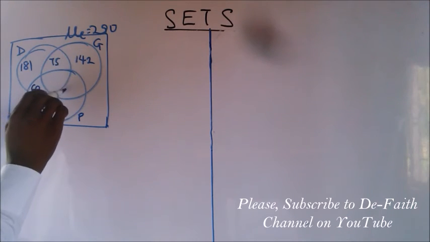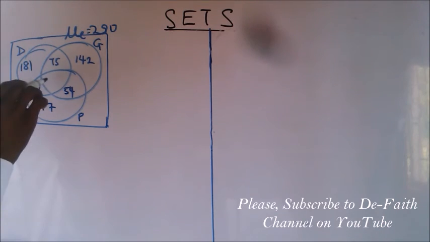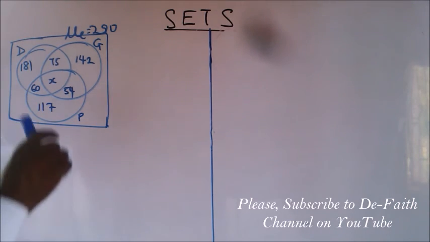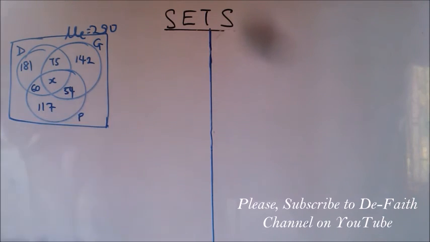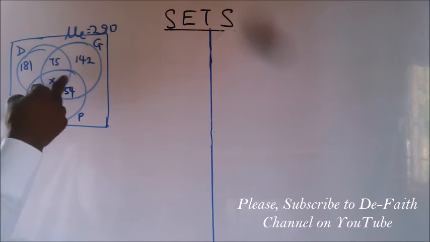Guardian and Punch, we have 54, but we're not provided any information as to those that read the 3 newspapers all together. Now, this information we've presented in this Venn diagram is not a purely accurate one, because all we've gotten here are the numbers of readers.